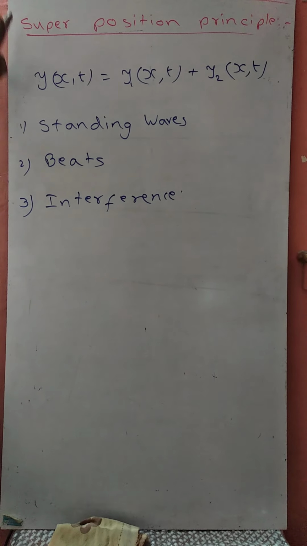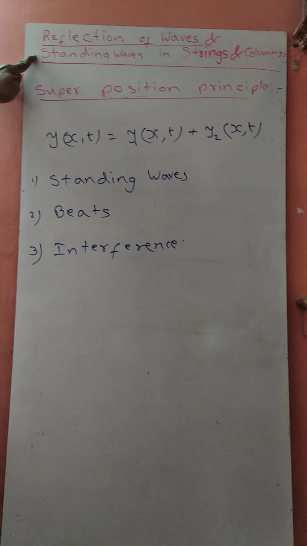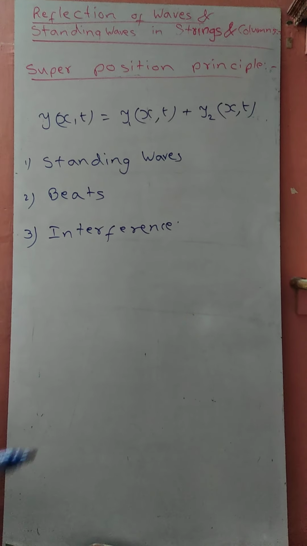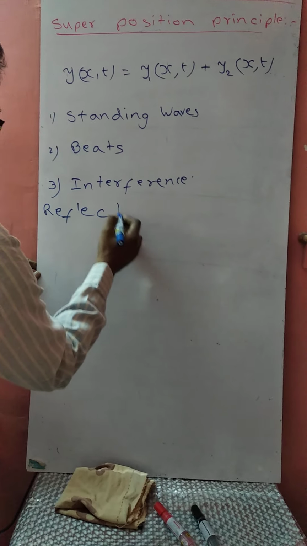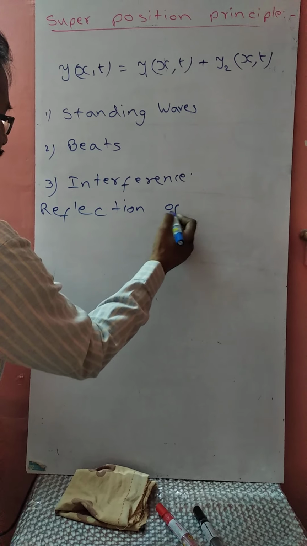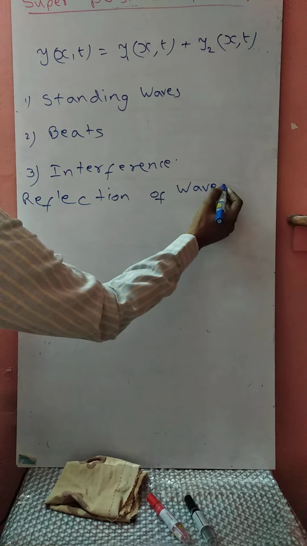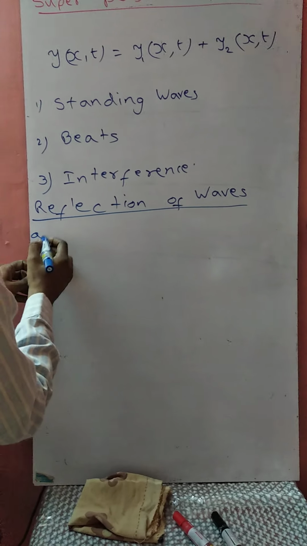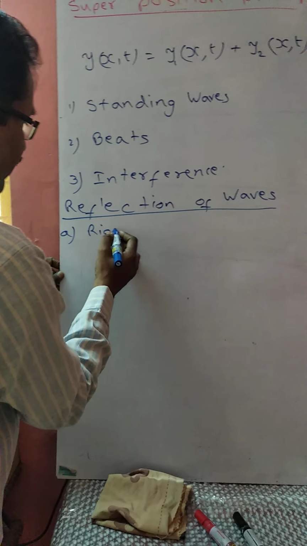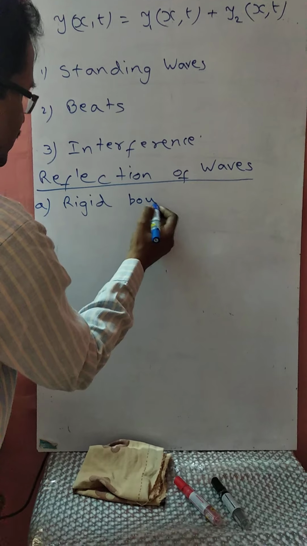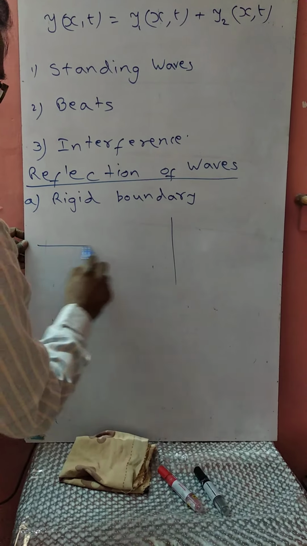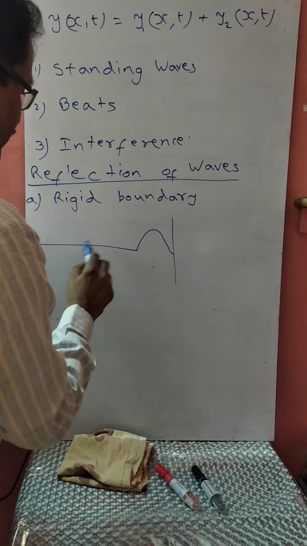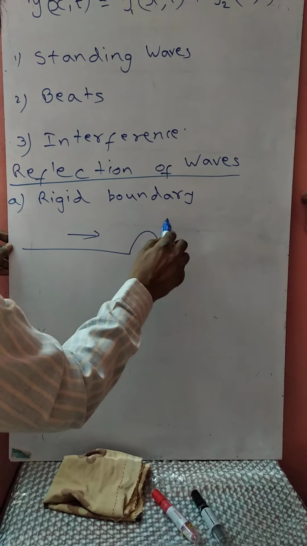Now our aim is mainly standing waves in strings and columns, and before that you must know about the reflection of waves, at a rigid boundary and also at an open boundary. First, at the rigid boundary: suppose a wave or pulse is traveling in the positive x direction and it is connected to a rigid support.